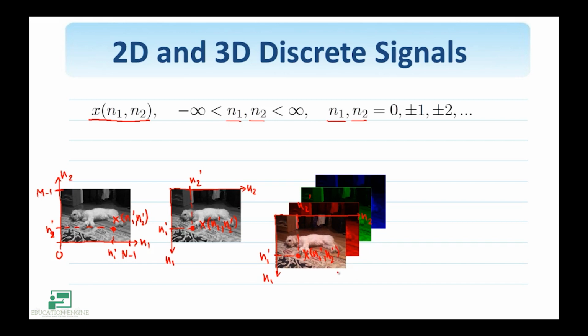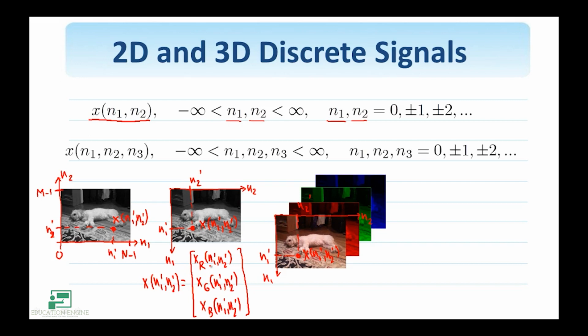But the difference now from the previous cases is that x(n1 prime, n2 prime) is now a 3 by 1 vector, where I have the value of the red channel at this location, followed by the value of the green channel at the same location, followed by the value of the blue channel at the same location. Okay, so the RGB representation. So x, in the general representation, can be a scalar or can be a vector.